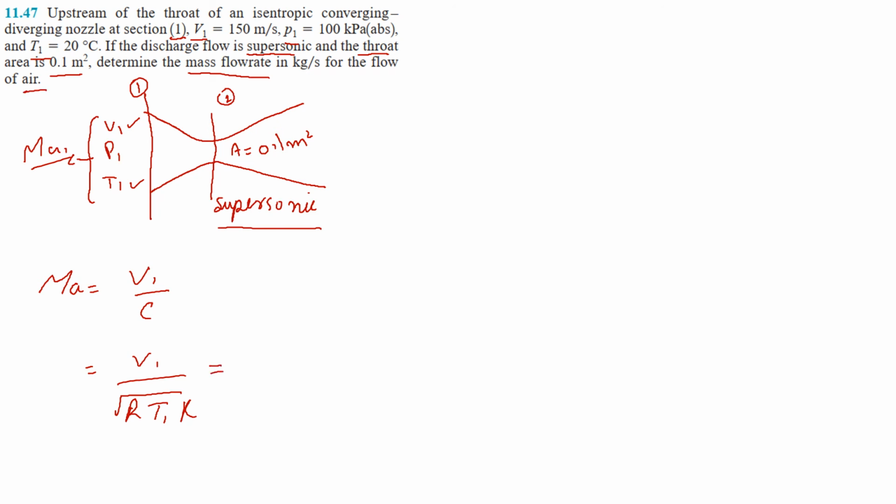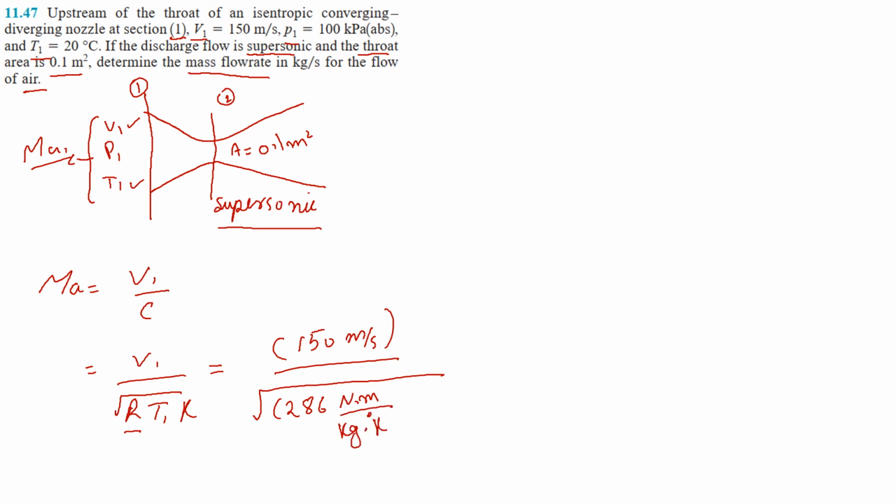So let's put the values in, and we will get 150 meter per second divided by the square root of the gas constant value, that is 286, and its units are Newton meter per kilogram kelvin.